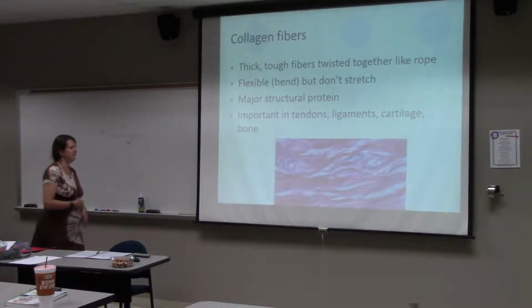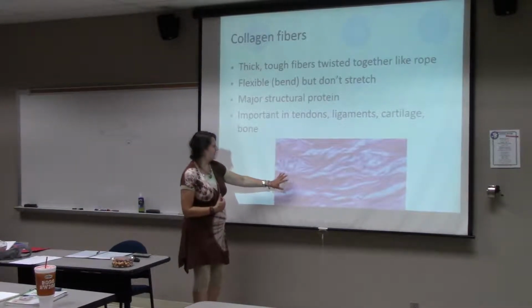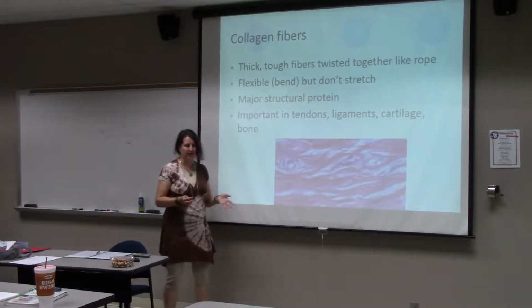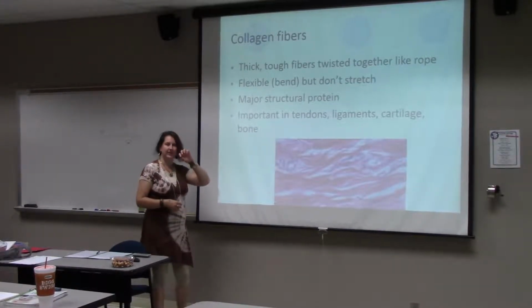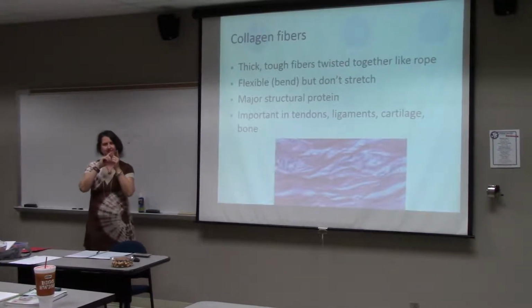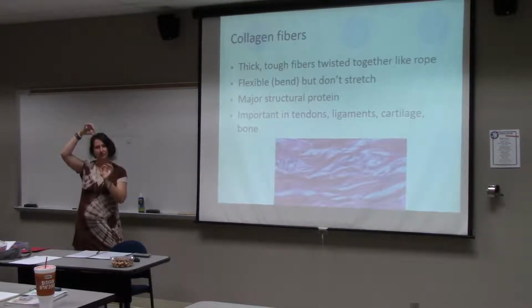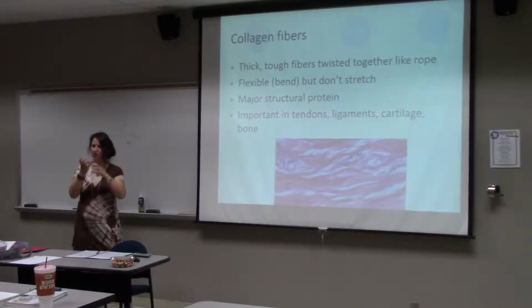Collagen fibers, sometimes they'll look like this. They're usually stained pink, but it depends on what we added to the slide. They're fairly thick, and they're tough. It's a bunch of little protein strands twisted together like little bits of fiber making a big rope.